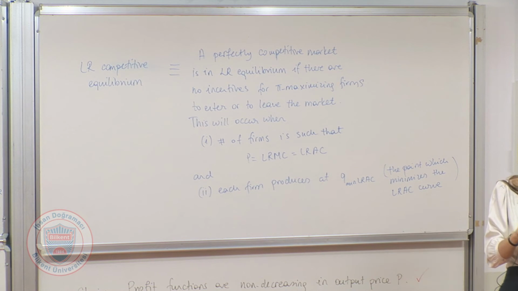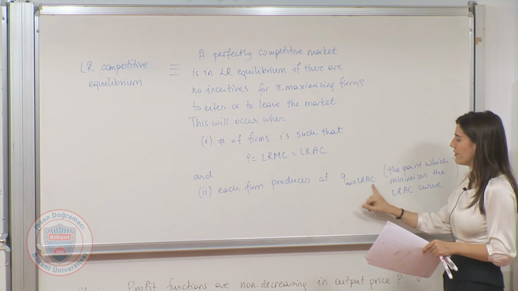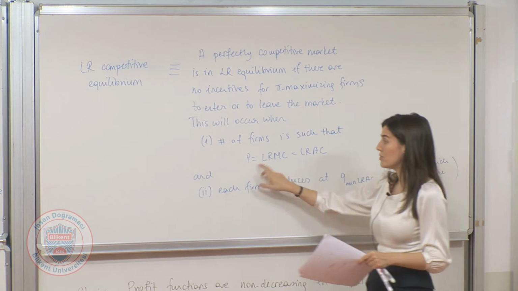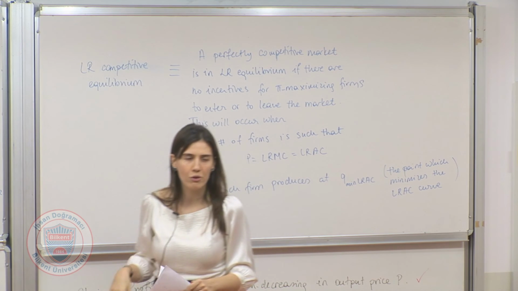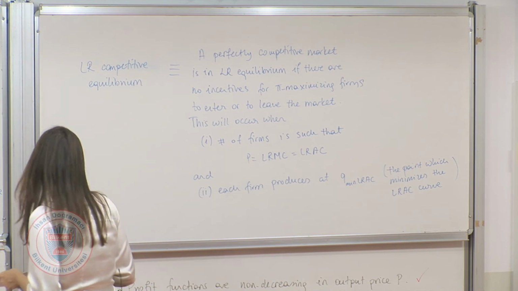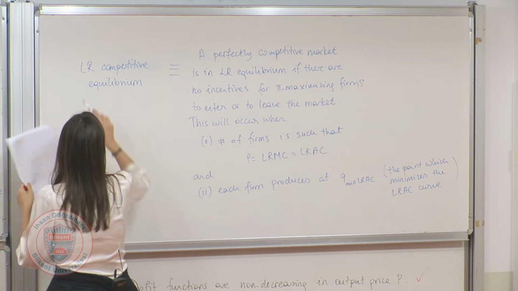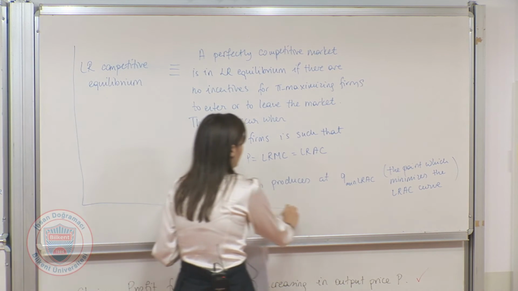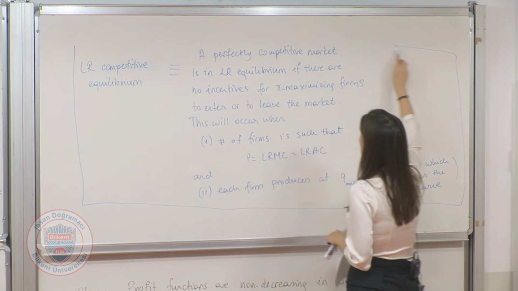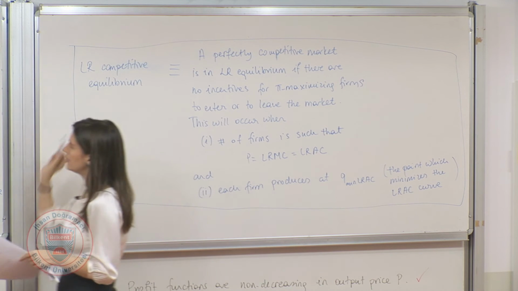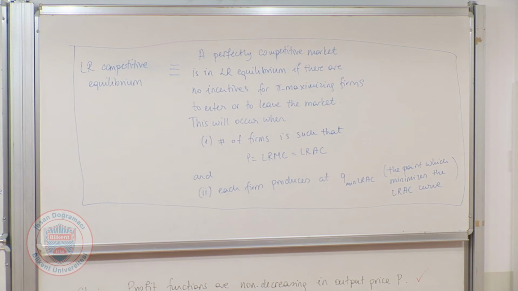Basically, you see that we know that each firm is going to produce at that minimum level Q, which is minimizing the long run average cost curve, and then price should be the minimum of the long run average cost, okay? That we know, okay? So this is basically the definition of the long run competitive equilibrium, okay?